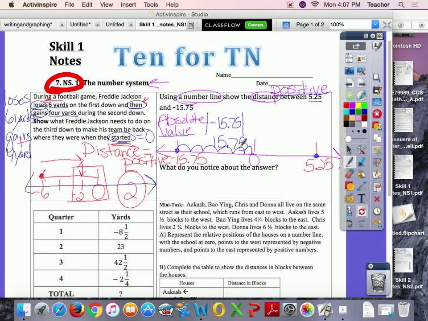Well, what about on the right side? How many steps is it going to take to get us from 5 back to 0? 1, 2, 5. So we're still doing the absolute value because it's a distance is still going to be 5 and 25 hundredths.